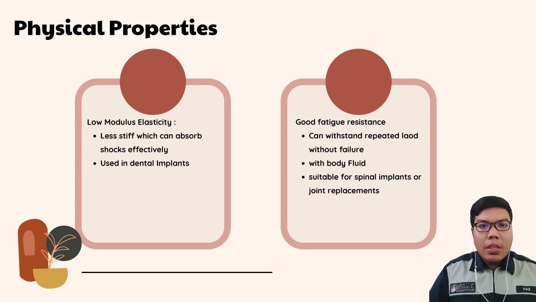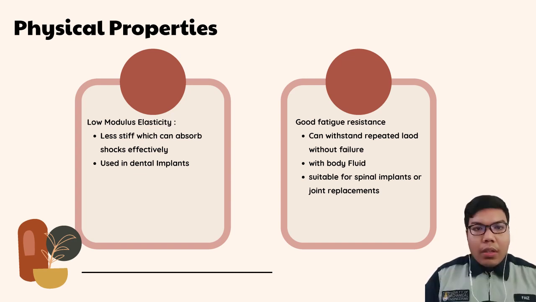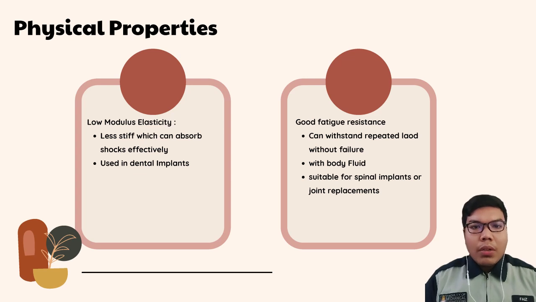This property is desirable for medical implants that need to mimic the mechanical properties of bone and other tissue to reduce stress shielding and promote bone growth. It also has excellent fatigue resistance, meaning that it can withstand repeated loading and unloading without suffering damage or failure. This property is important for medical implants that need to withstand cyclic loading, such as spinal implants or joint replacements.